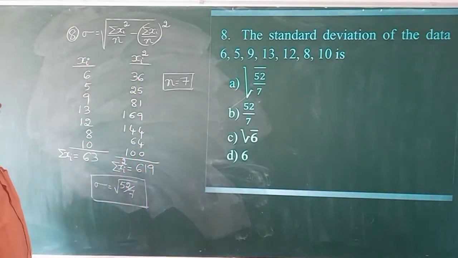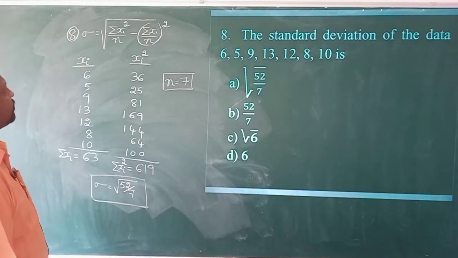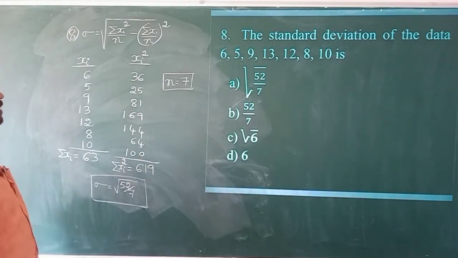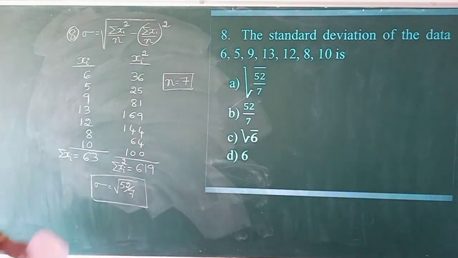After that you find out the sigma, square root of sigma xi square by n minus sigma xi by n whole square. So finally you will get root of 52 by 7. So you can check this. I'm just giving the relevant formulas. Usually they will give simple numbers.